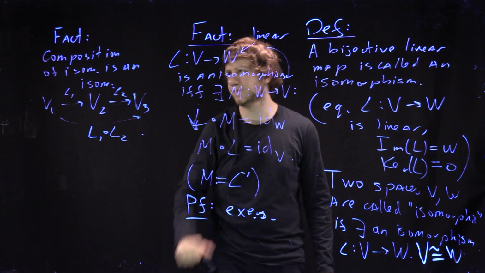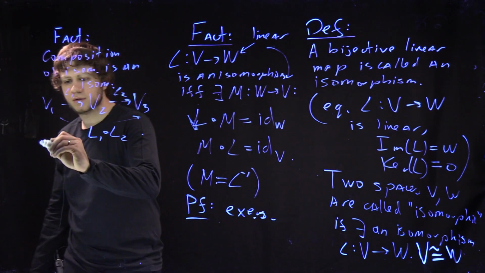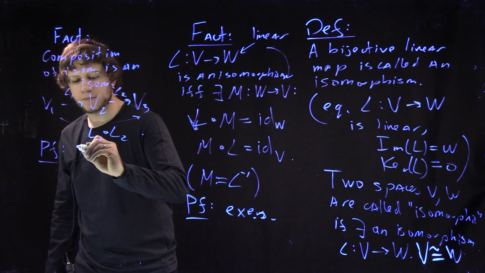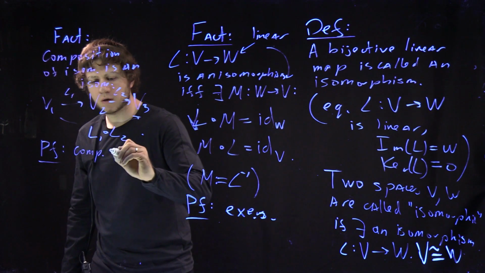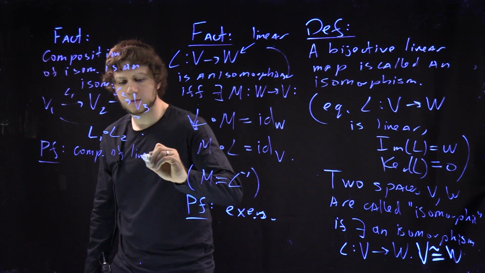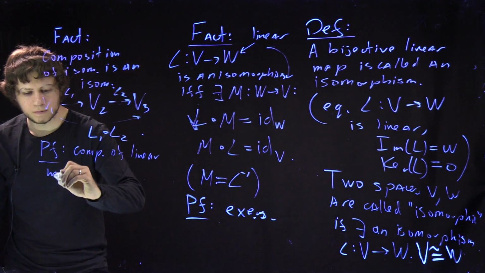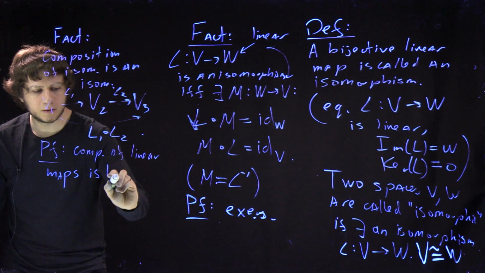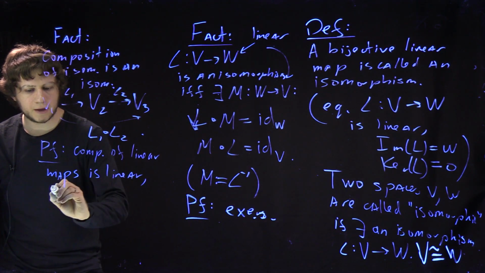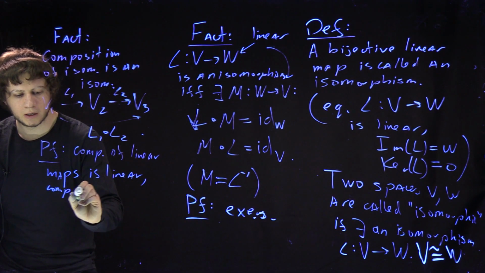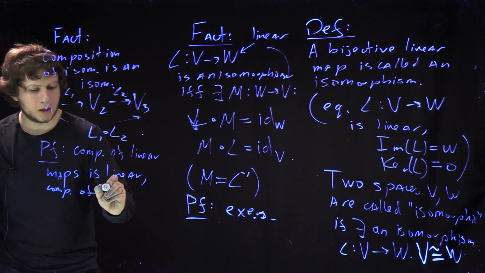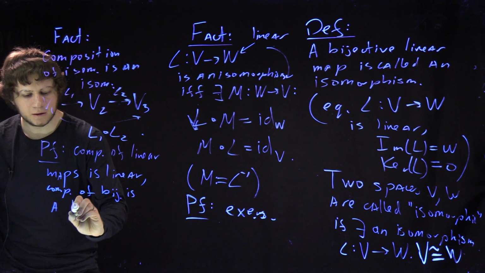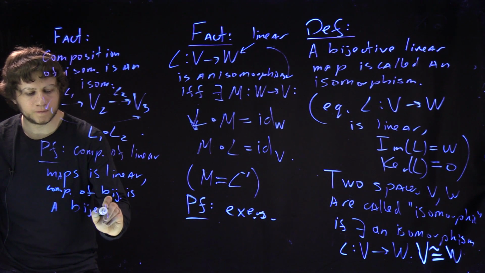So the proof is: composition of linear maps is linear, and composition of bijections is a bijection.